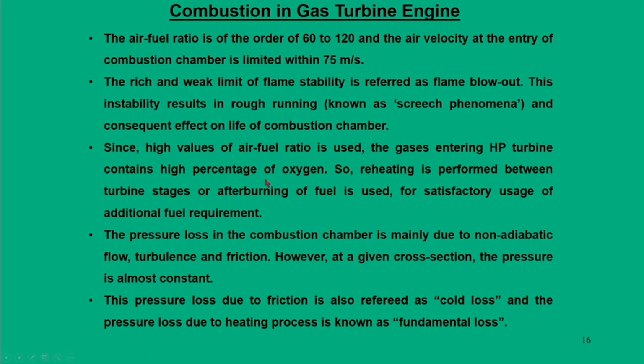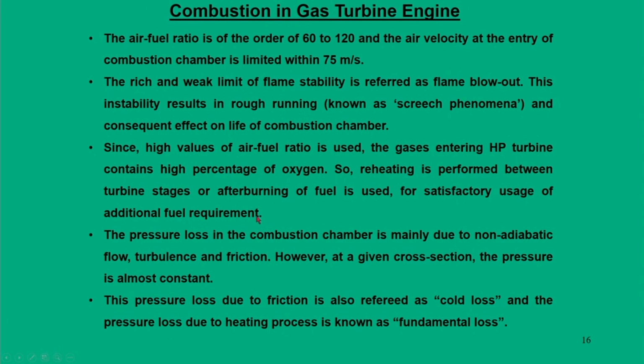In some such situations, gas turbine engines use afterburners. This is similar to the concept called reheating, and this reheating is performed between turbine stages or as afterburning, for the satisfactory usage of additional fuel requirement.